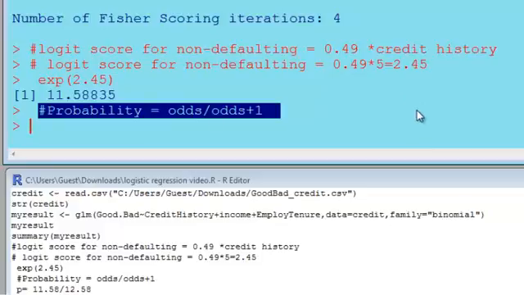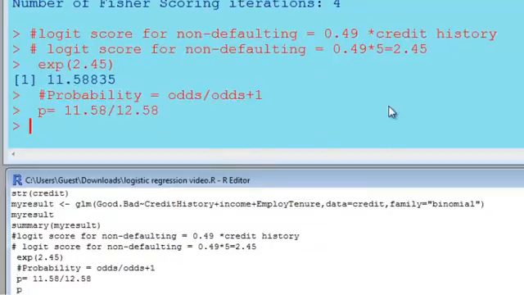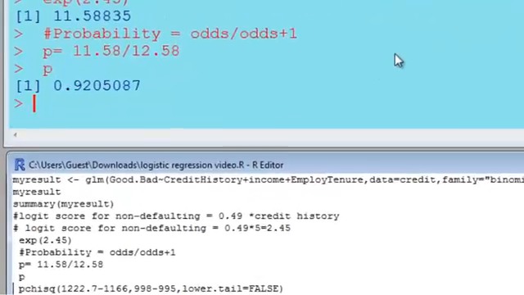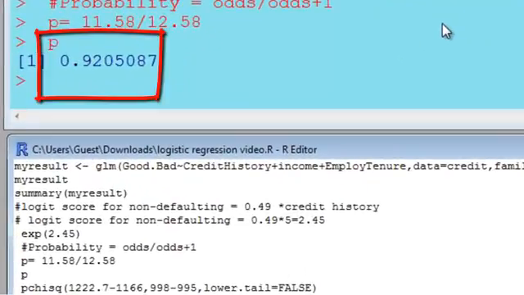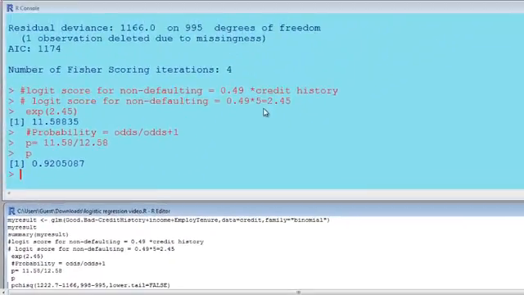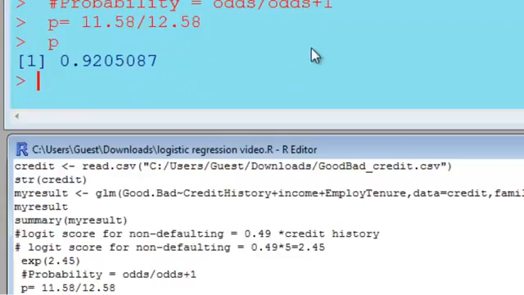In this case, the odds come out to be 11.58, so I just have to divide 11.58 by 12.58, and this gives me the probability. The probability comes out to be 0.92. This means there is a more than 90% chance that a person with credit history 5 is not going to default. So that is how, from the credit score, we look at the odds and also the probability value, which are easier to interpret.